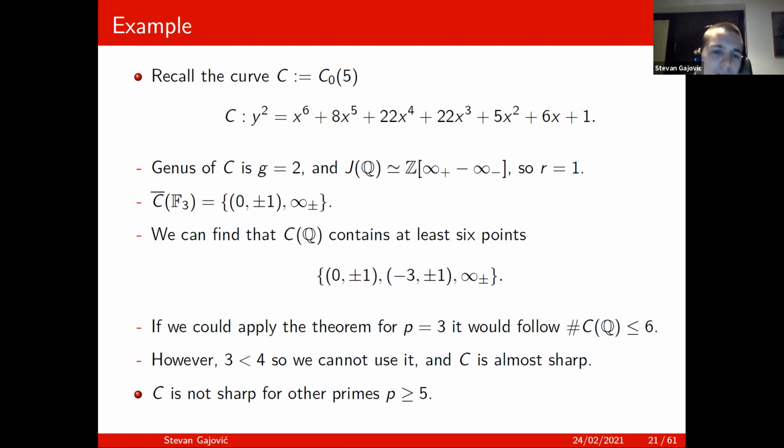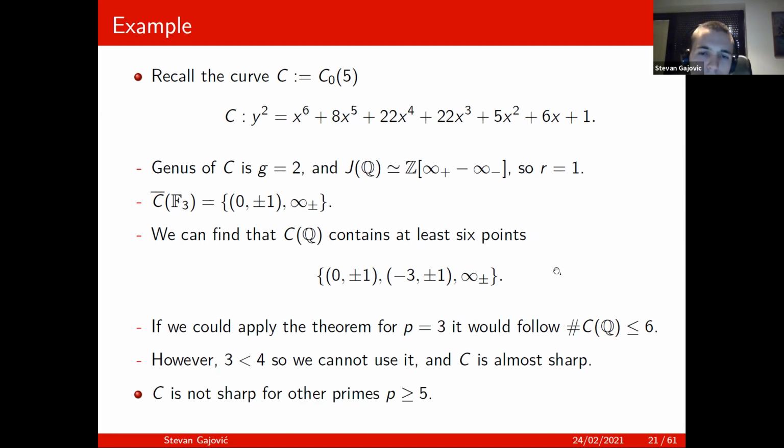So we cannot use it, and we would like the bound to be sharp, but it's not. And it is not sharp for other primes. If we consider any other prime, then this bound will be greater than 6, and we cannot find more than 6 points. We will soon prove that it contains exactly 6 points.